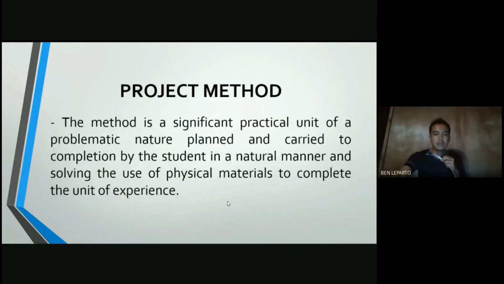Then the fourth one is the project method. The project method is a significant practical unit of a problematic nature, planned and carried to completion by the student in a natural manner, using physical materials to complete the unit of experience.